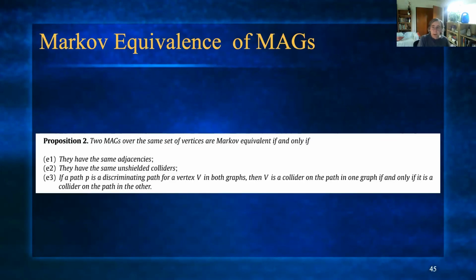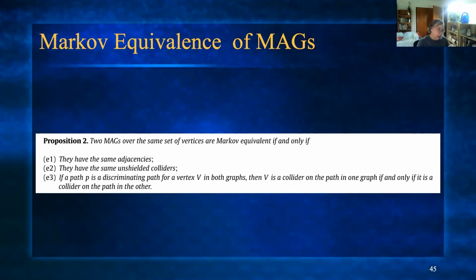It's actually similar, but again, computationally much more difficult. For two mixed ancestral graphs to be Markov equivalent, they have to have the same adjacencies, just like the CPDAG case. They have to have the same unshielded colliders, just like the CPDAG case.